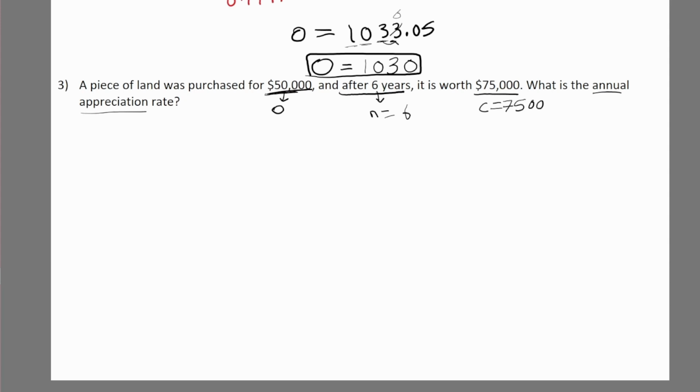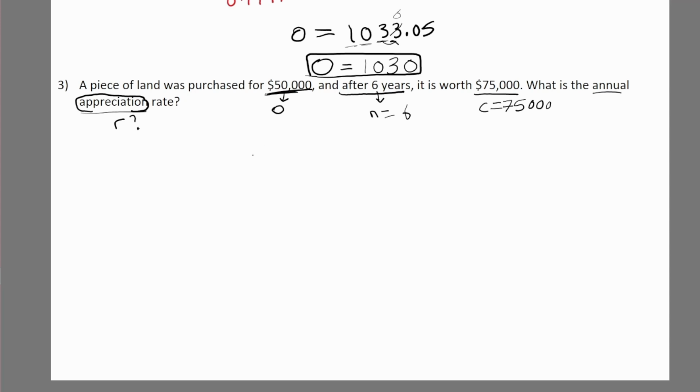So we're being asked what is the annual appreciation rate, so we want to know R. And by the way, we don't need the word appreciation right here to know that this is appreciation, because the original price was 50,000 and then it went up to 75,000. So it's fairly obvious that this is appreciation.